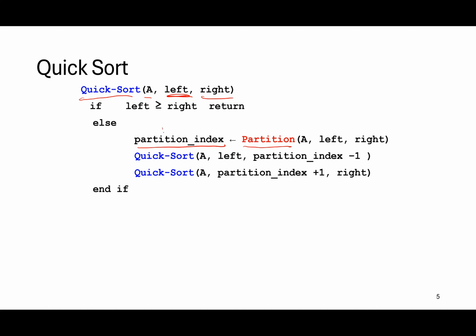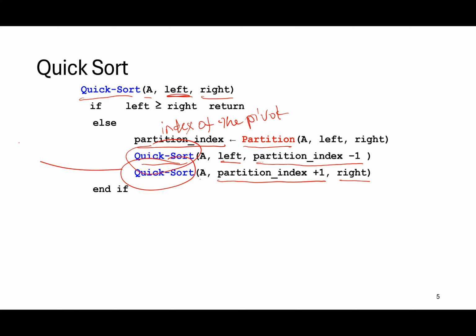So this was the index of the pivot that we selected, and then we called the quicksort twice. First from the left up to the partition index, less than partition index, and then starting from right after the partition index, right after the exact position of the pivot, up to the right. So you see, we call this quicksort recursively inside another quicksort. So that is another recursion.